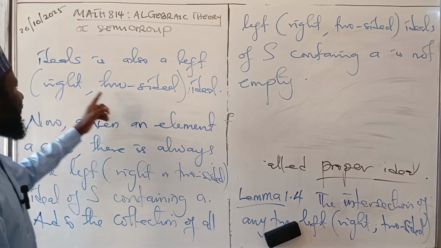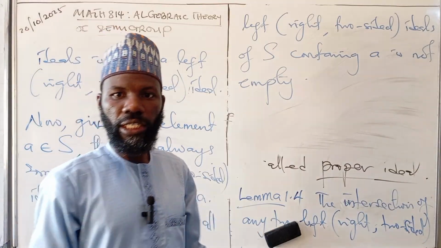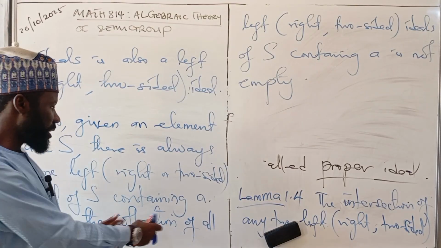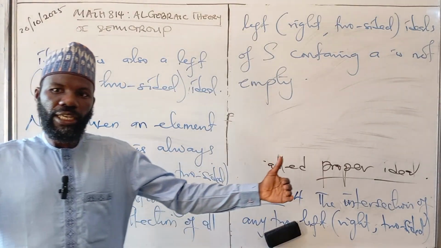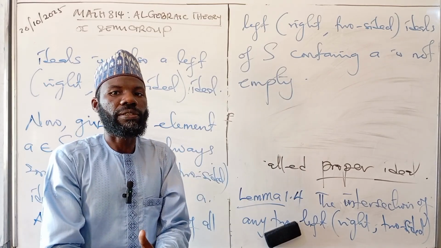But then if you intersect two ideals, you get an ideal. Two left ideals or two right ideals or two-sided ideals, you still get an ideal. So this collection, if I intersect all its members, I still get a new ideal.